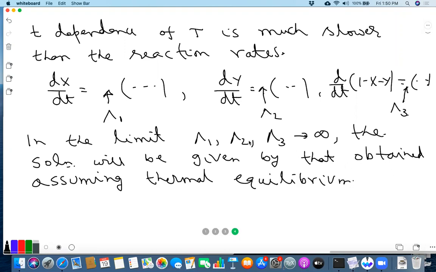Because what's going to happen is that if these are large numbers, then dx dt will be so large that it will be driven towards its equilibrium value very fast, so that this bracket will be 0. Till this bracket becomes small, dx dt will continue to change towards the equilibrium value. Similarly, till this bracket becomes small, dy dt will continue to change towards its equilibrium value, and so on.